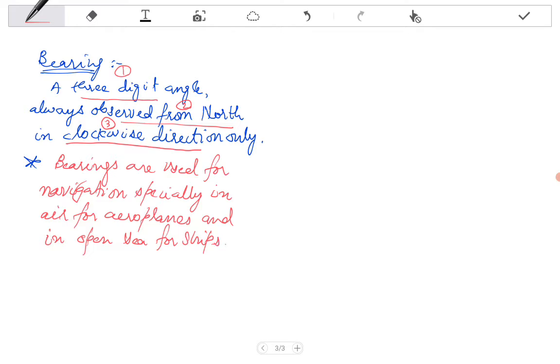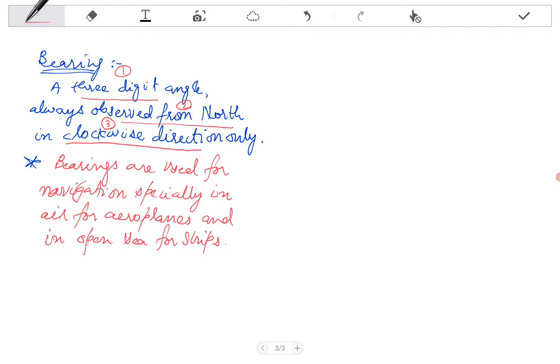Because in open sea or in air there are no such paths or roads available, just like our roads in between cities and streets for connecting two different places from one another.